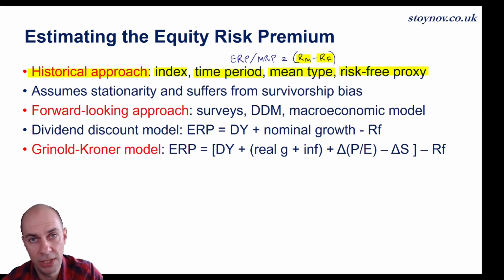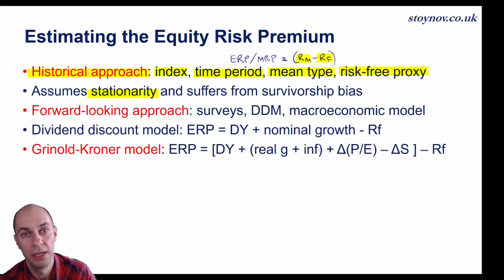And then we need to be aware of the 2 problems of the historical approach. The first one is stationarity. So that means that by being backward looking, by, let's say, going back 10 years and saying, hey, this is what the ERP was in the past 10 years, we're actually assuming that the next 10 years will be like the past 10 years.